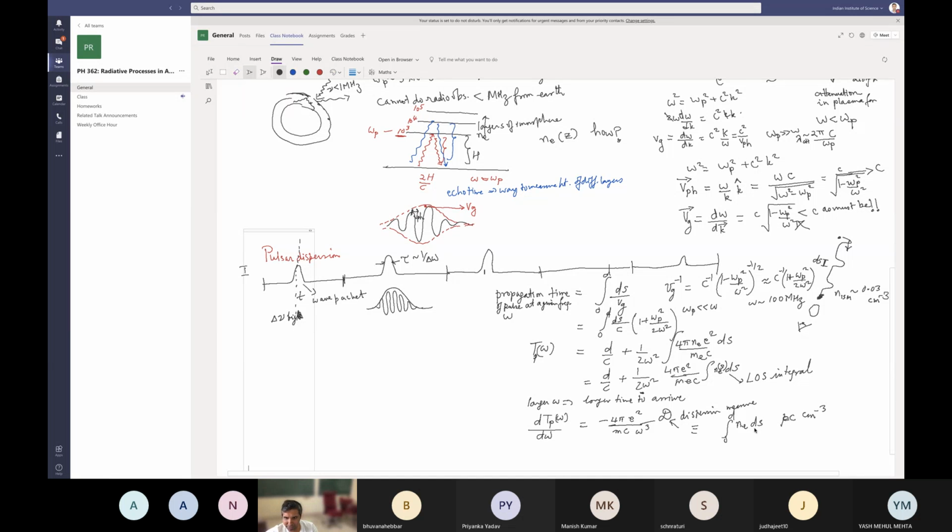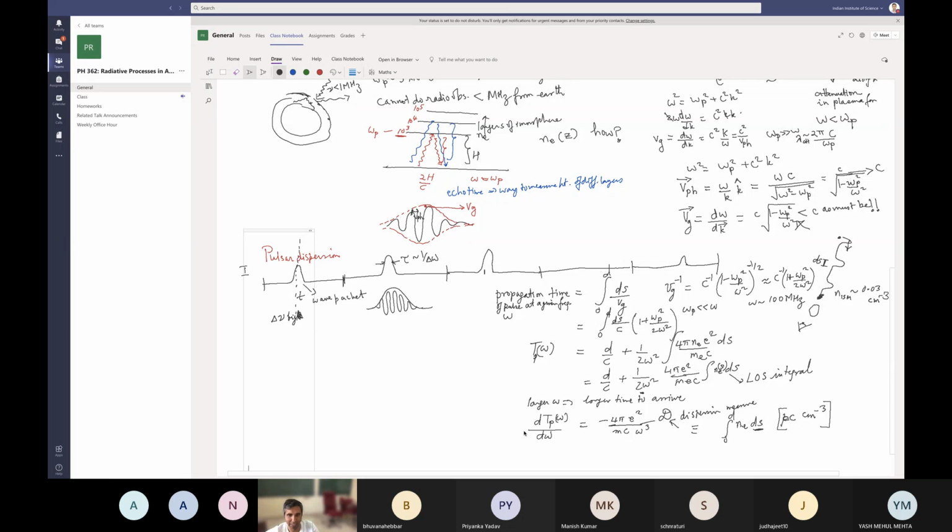This is a natural unit because the length scales that you travel are of order parsecs, and the number density is like 0.01 per centimeter cube. Unit wise it's the same as per centimeter square, but parsec per centimeter cube is more user friendly.